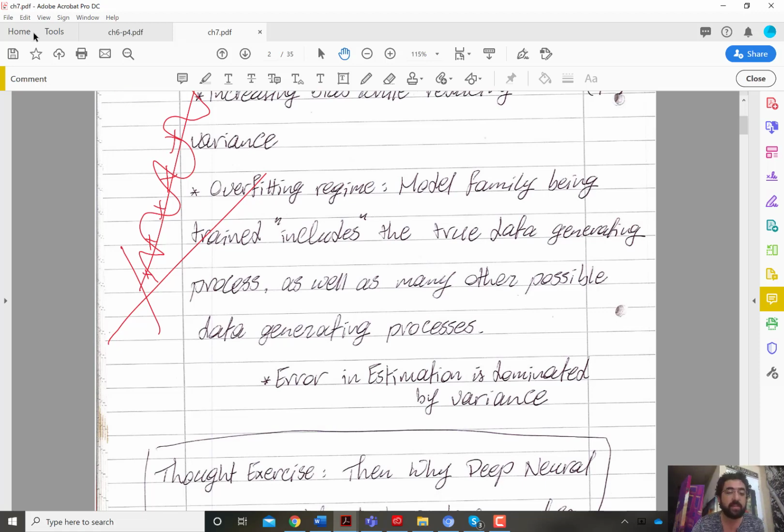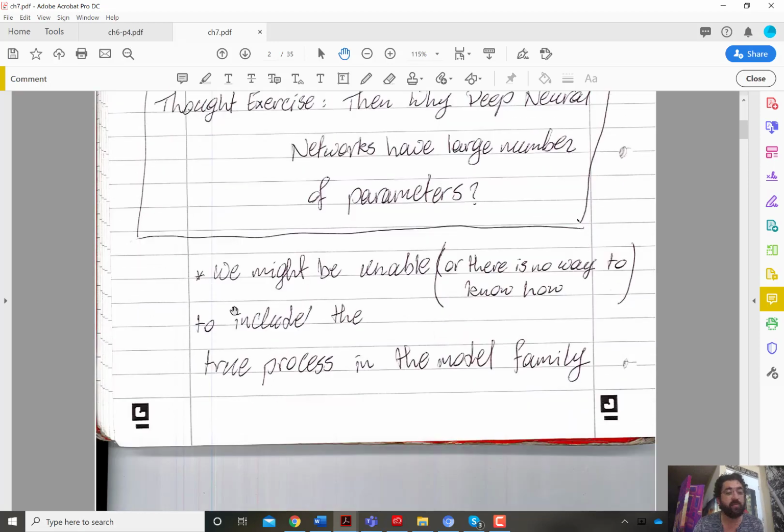In some other cases, maybe I can't even fit the training data, right? And maybe I cannot include the true data generating process. Maybe I don't know how, right? So maybe that's out of the question. Maybe my model is not capable of exactly coming up with the true data generating process. Remember, distinguish between the true data generating process or distribution and the training data. The training data captures it.